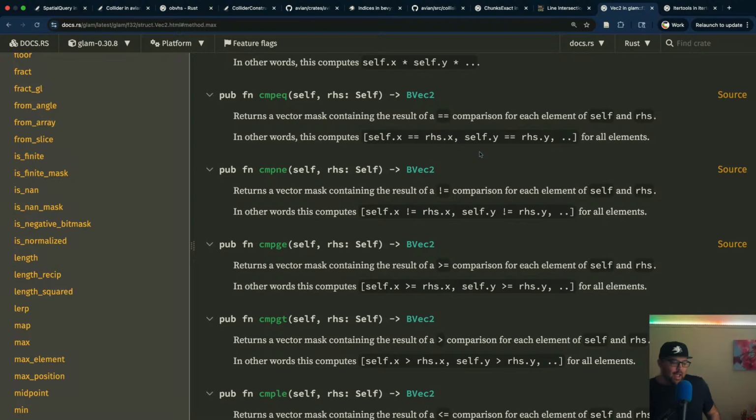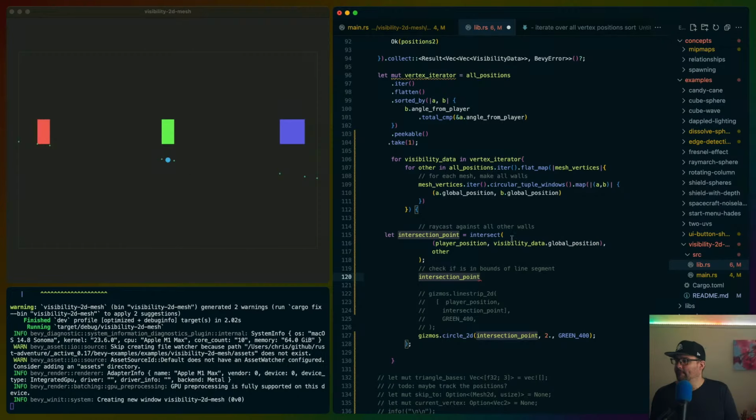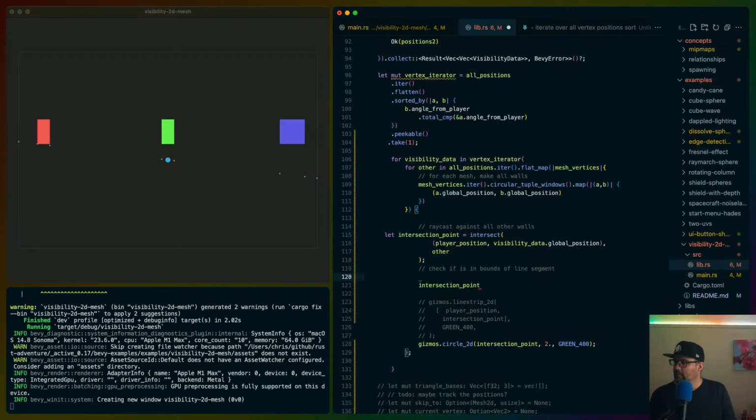But we can return the mask. And if we do these masks correctly, we can combine the masks, right? I don't think we can actually do that without doing more stuff.